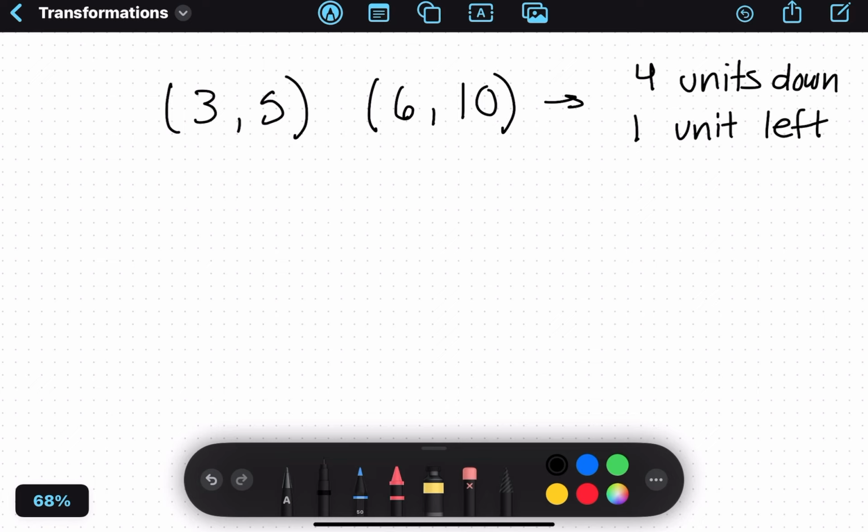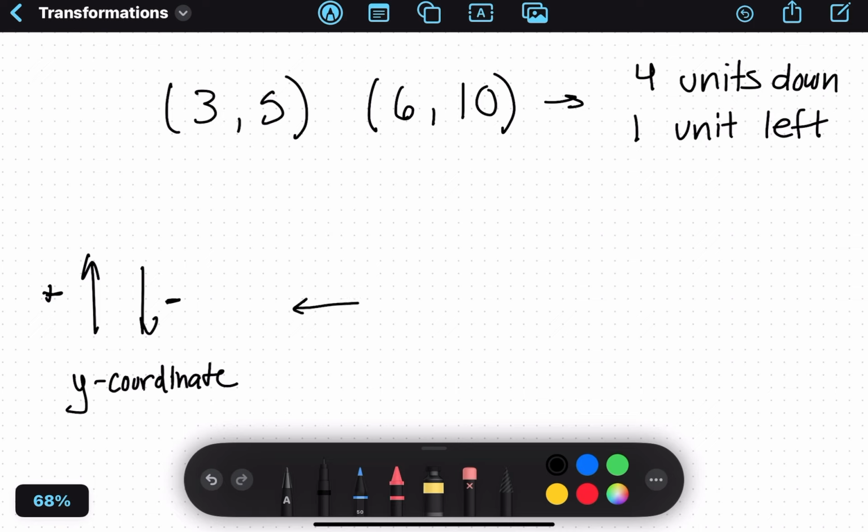Okay, so up and down have to do with the y-coordinate, right? Because that's what the y-axis looks like. It goes up and down. So when you go up, you add y, and when you go down, you subtract y.